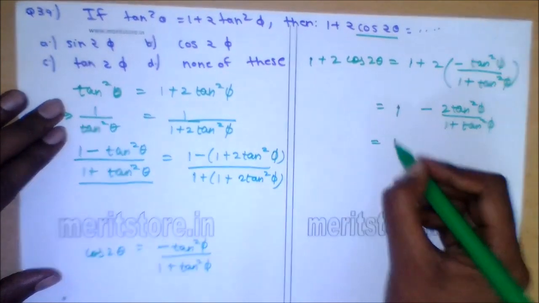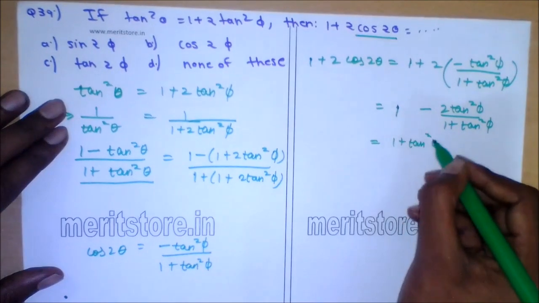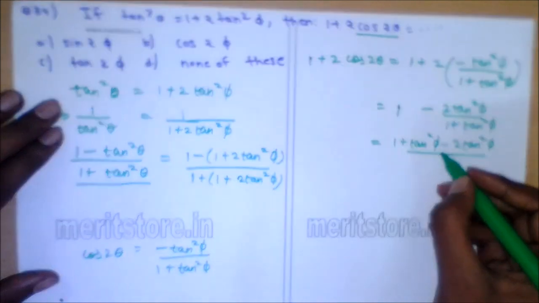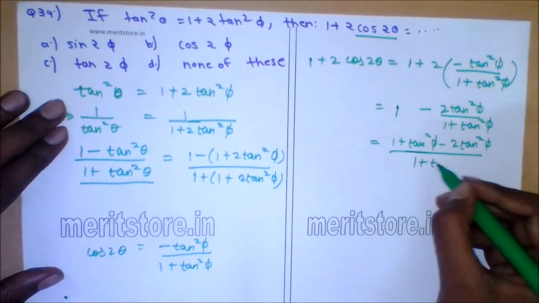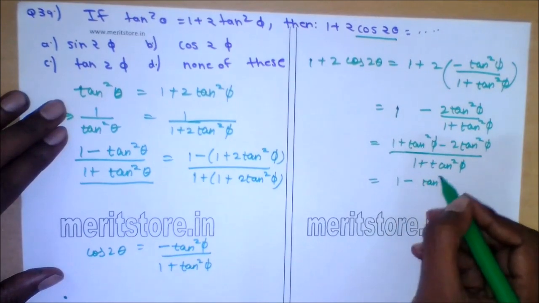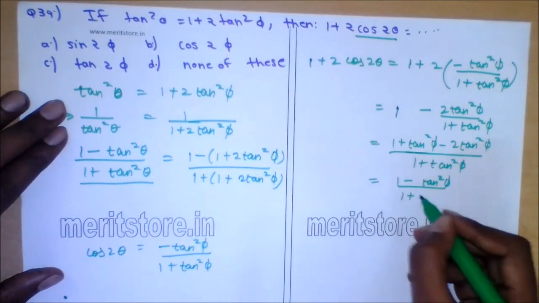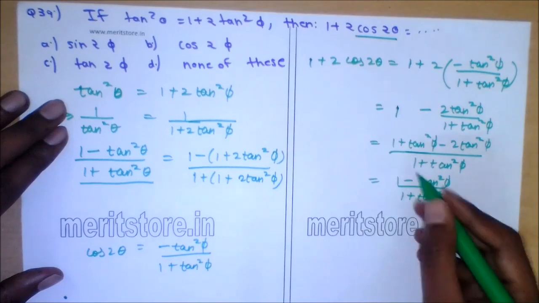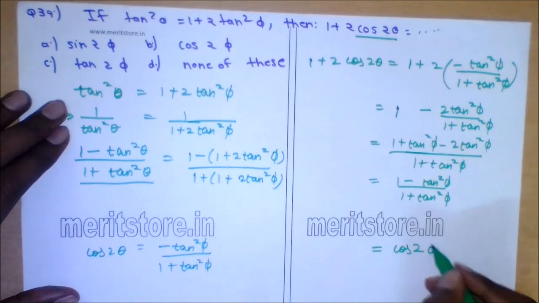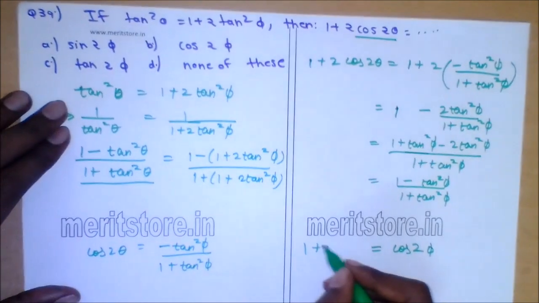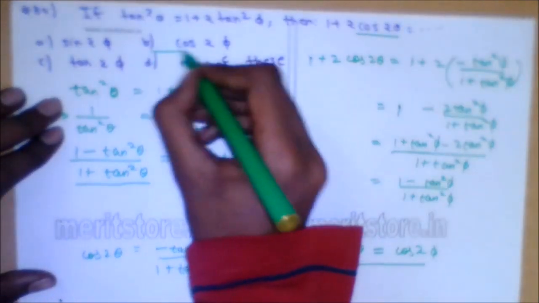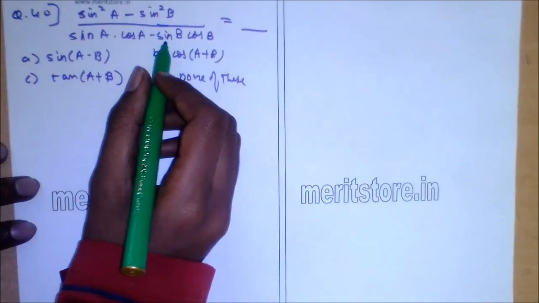Cross multiplying, we get 1 plus tan square phi minus 2 tan square phi upon 1 plus tan square phi. That is 1 minus tan square phi upon 1 plus tan square phi. This is the formula for cos 2 phi. So this is equal to cos 2 phi. Therefore 1 plus 2 cos 2 theta is cos 2 phi. The answer is D.